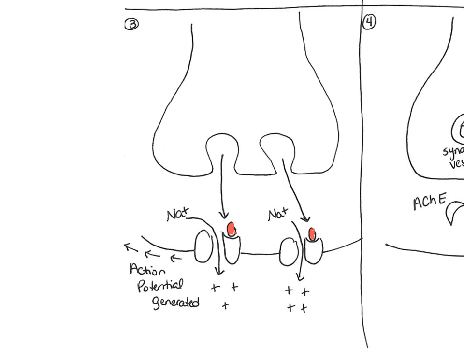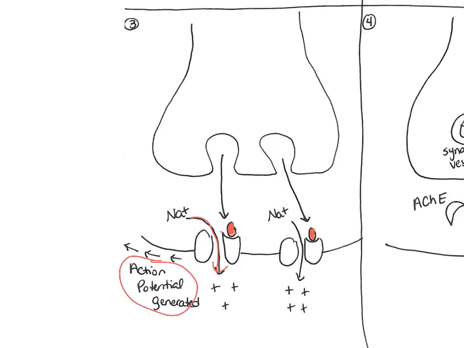This was where we were talking about those chemically gated sodium channels on the dendrites and the cell bodies of the neuron. We're starting at a graded potential again. The gated channels open up, sodium moves in, we get a graded potential. Then if it reaches threshold, we get an action potential.